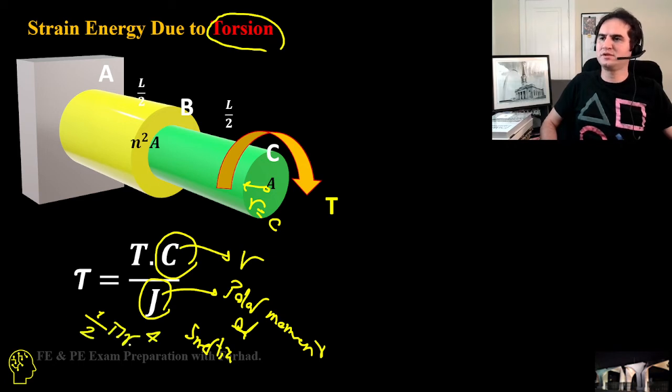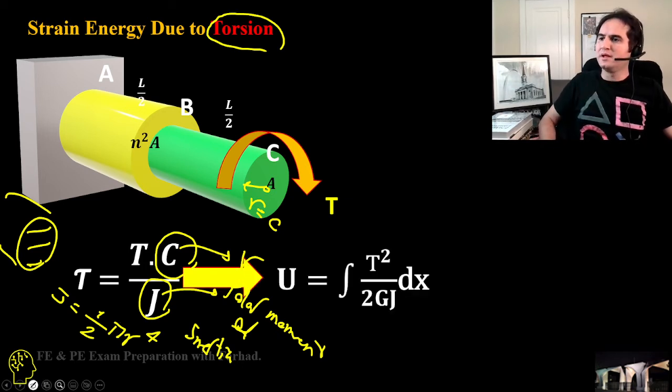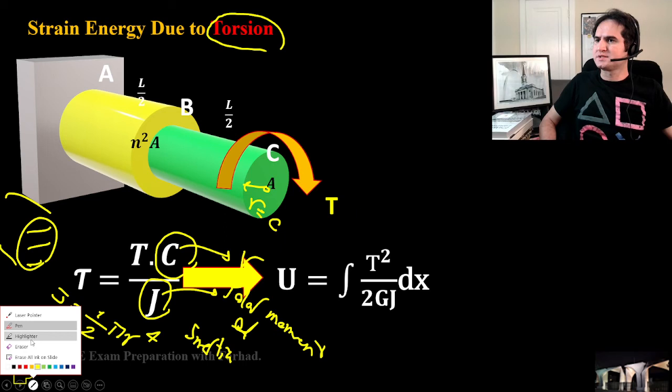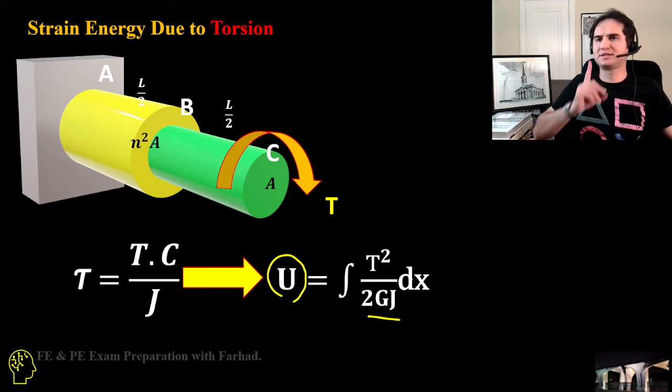If I'm not wrong, that's one over two pi r squared for J of a solid circle. Then if you replace that in the formula, U is equal to the integration of T squared over 2GJ dx.